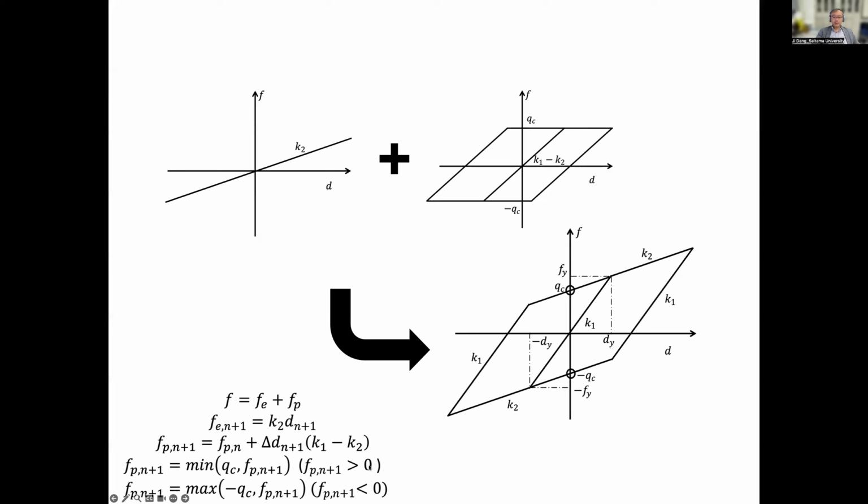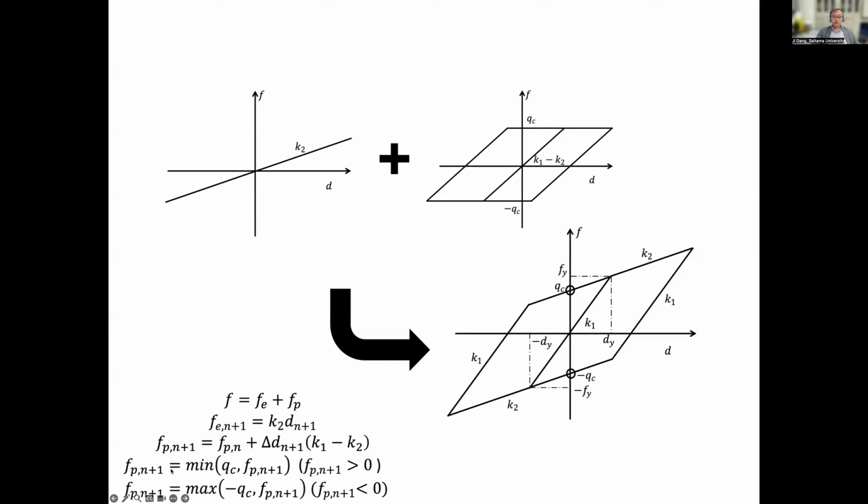If it's larger than 0, we check and take the minimum of QC and this one, which means smaller than, right? If they're larger than QC, I'll take QC. If they're smaller than 0, I say this is the largest one. If smaller than minus QC, then I take minus QC.